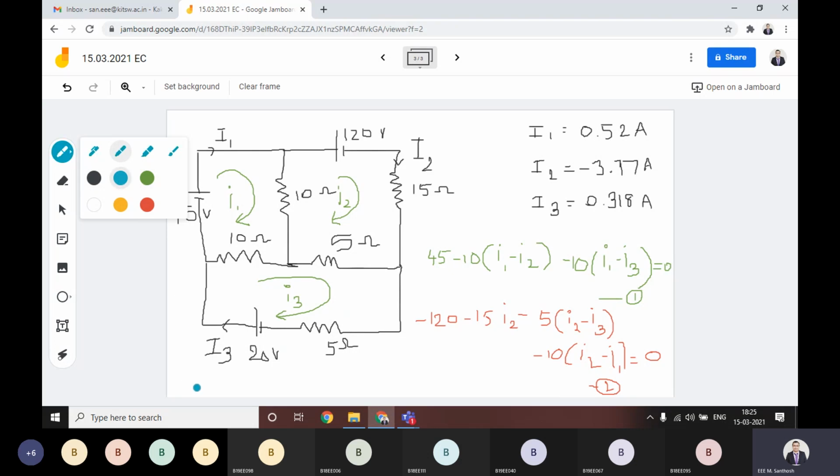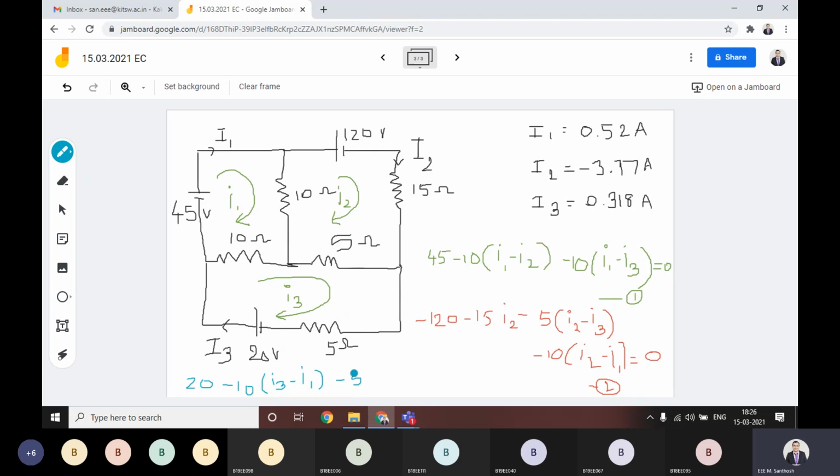Then the third one, in this you have 20, right? Simply 20 minus 10 into I3 is greater when compared to I1. For that reason first I am writing I3 minus I1. Okay.